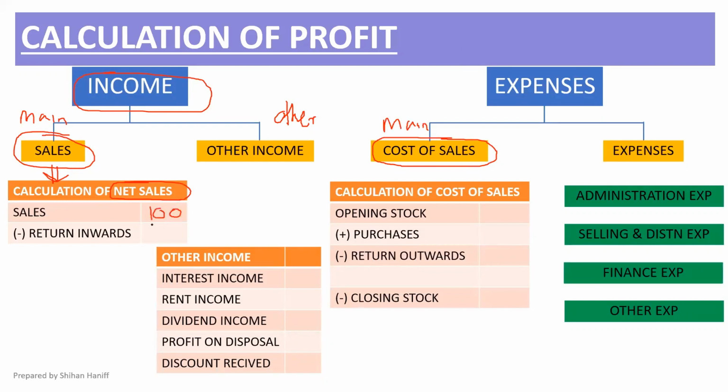Let's say you sell 100,000 worth of goods, and if there is any return, that should be deducted. So when we take the income, we take net sales: sales minus return inwards. And cost of sales.